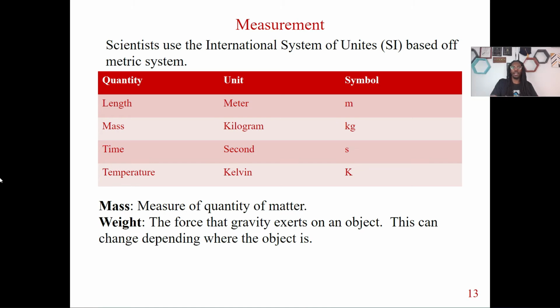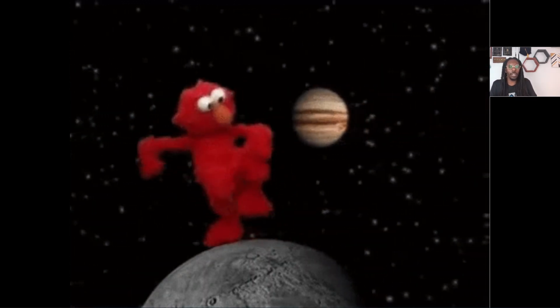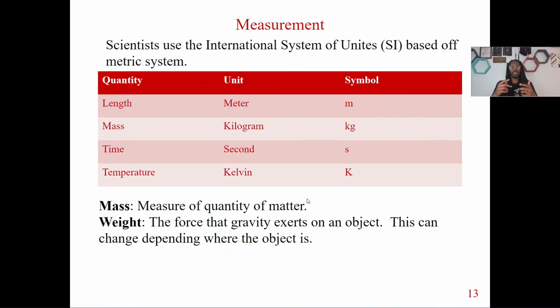However, I still will have the same mass. So if I'm whatever kilograms on Earth, I will be the same mass on Mars, when I'm there in 50 years, I keep telling y'all. Now, you've got to understand that's the key difference between mass and weight. Mass, we're measuring the matter. Weight, we have to think about gravity.